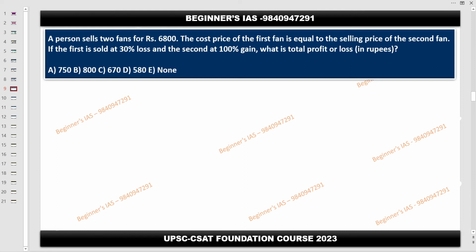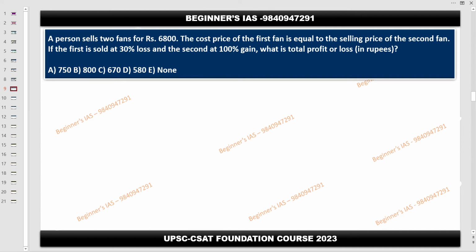A person sells 2 fans for rupees 6800. The cost price of the first fan is equal to the selling price of the second fan.